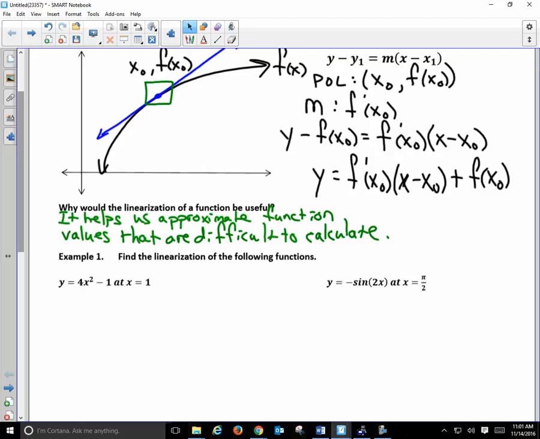Now, the example we'll look at today is, just picture Isaac Newton, kind of one of the fathers of calculus, back in the 1600s, sitting down and saying, boy, I'd sure like to know what the square root of 4 is. Well, that's pretty easy, right? That's 2. But suppose he said, I'd sure like to know what the square root of 3.99 is. Well, you would take out your calculator and punch in square root of 3.99.